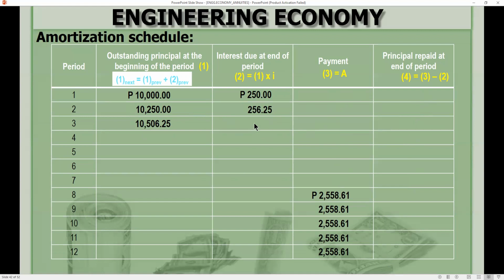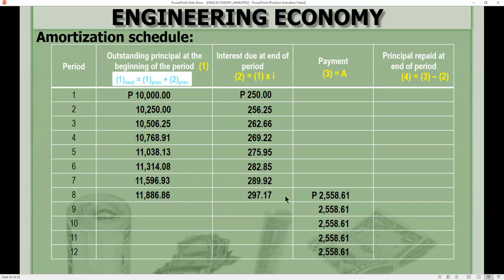You get 2.5% and then add it to the principal, and repeat for each period. So at the start of the 8th period, your principal is 11,886.86. You get 2.5%, and you have this.